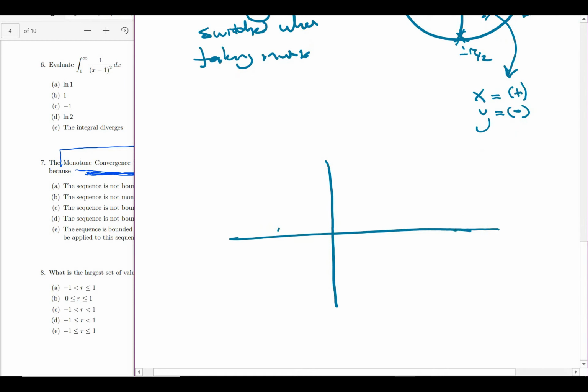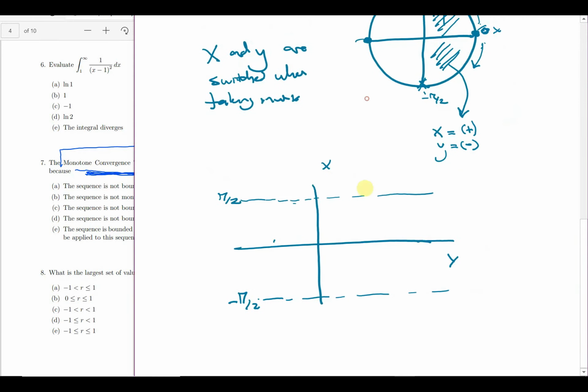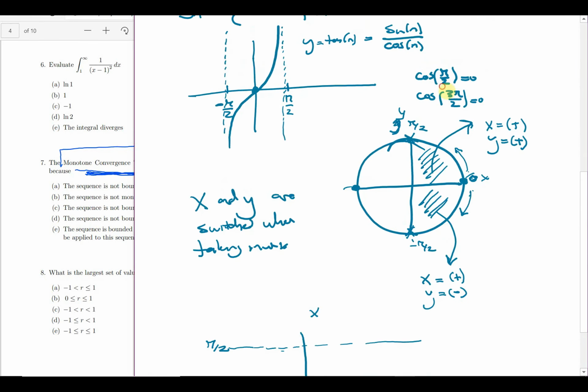It was the y-axis and x, and now right here we have pi halves, and right here we have negative pi halves. Notice how we got multiple discontinuities here. If we have pi halves and then pi and 3 pi halves, we also have another function.